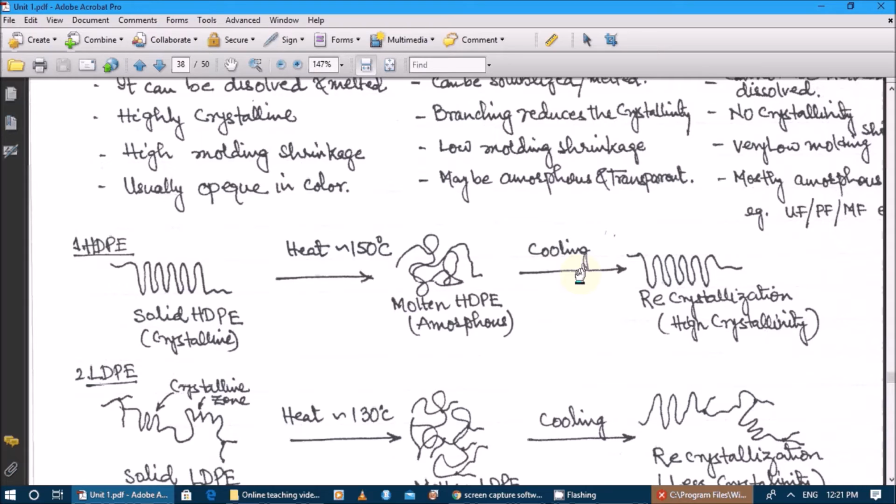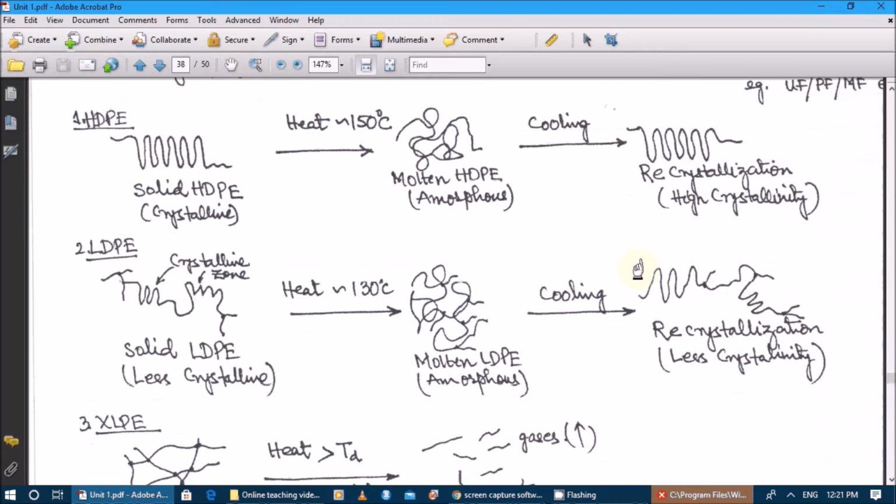But in case the rate of cooling is very fast, let's say 100 degrees centigrade per minute or 200 degrees centigrade per minute, then the polymer chain will not have sufficient time to crystallize into the lattice space, so it will show less crystallinity as compared to the earlier case where the cooling rate was very low. So that means, depending upon the rate of cooling, the crystal structure can be changed.